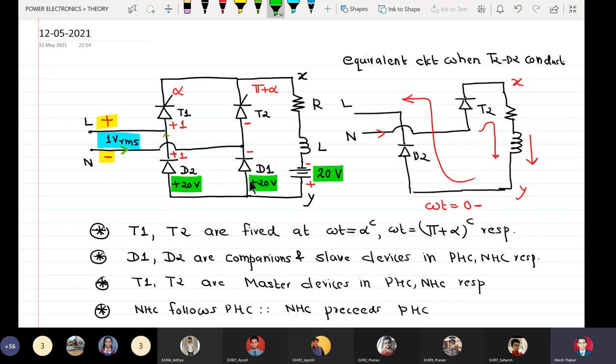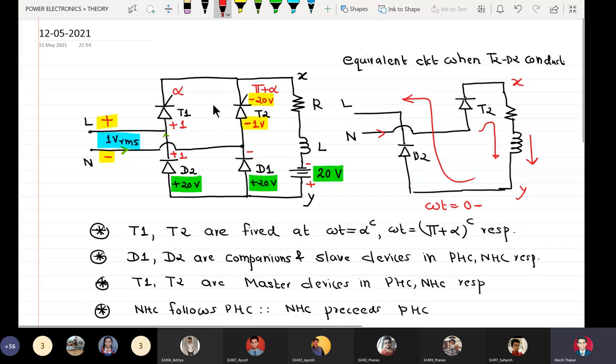At the same time, there is minus 20 volts here again. So here plus 20, here minus 20. So here it is minus 20 volts. Here there is minus 1 volt. See now. T2 is getting minus 20 at its cathode and minus 1 volt at its anode.